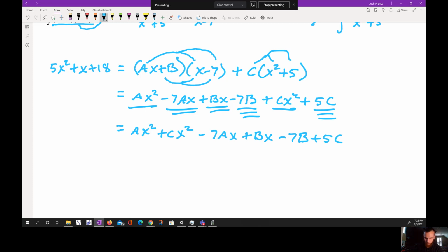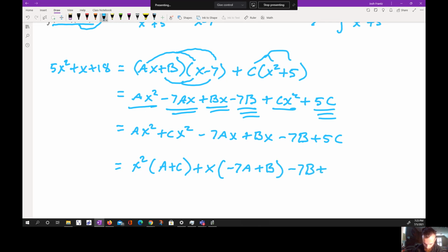And now what we want to do is factor out the variables. So we want to factor out any x squareds or any x's, and we just want to leave our unknown coefficients inside parentheses. So we'll factor out the x squareds from these guys. We'll be left with a plus c. So we'll factor out an x, and be left with negative 7a plus b. And the last one's the constants.